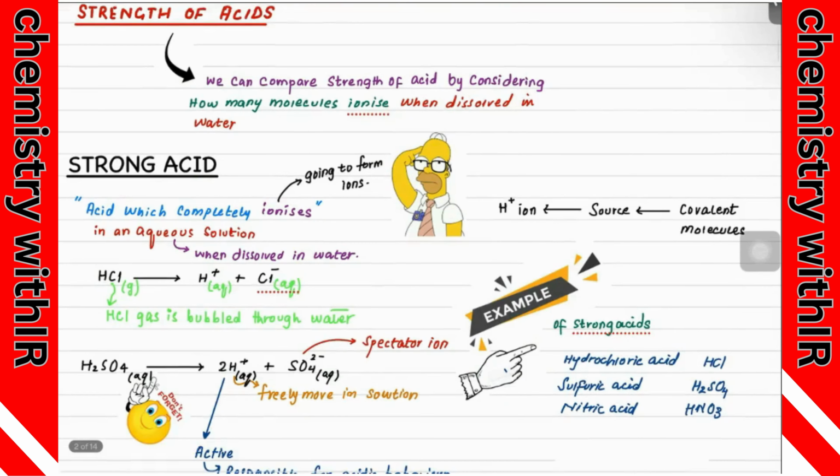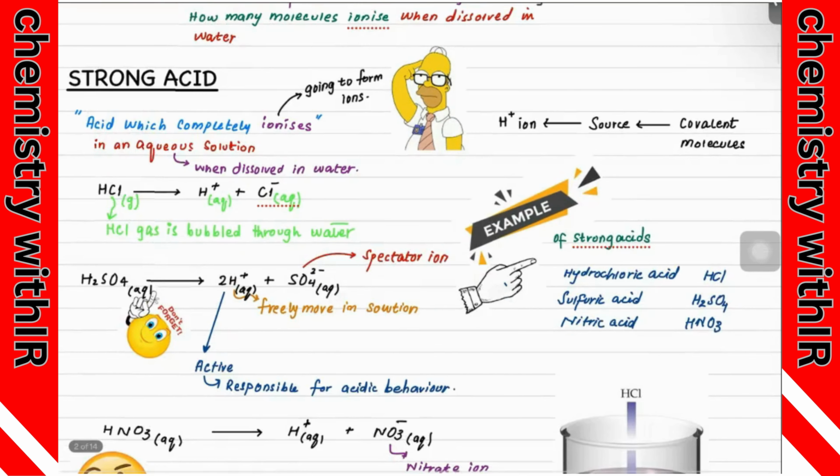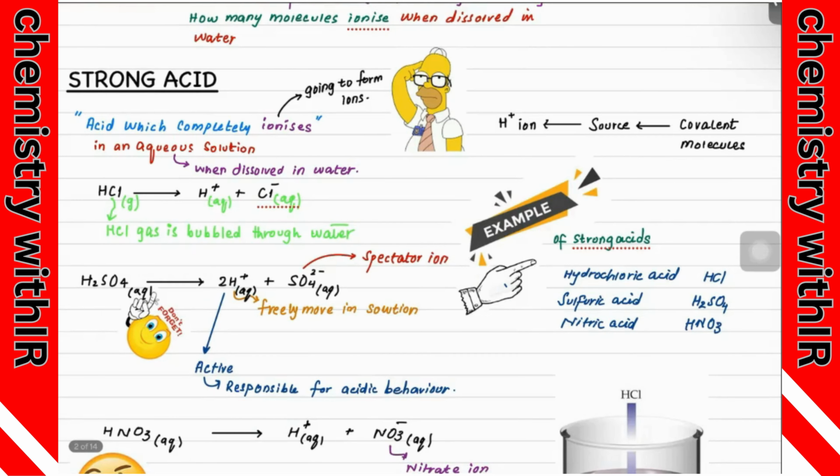So we have two types of acid. We have strong acids, and then we have weak acids. A strong acid is an acid which completely ionizes in an aqueous solution when dissolved in water. What do you mean by ionization?